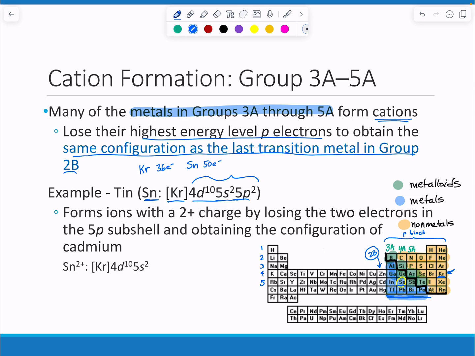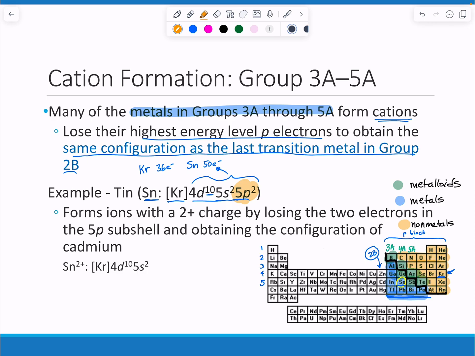So if we add these up, 36 plus these 4 gets us to 40, and these 10 here get us to 50. So this just shows the excess electrons beyond what krypton has. All right. So in this case, the highest energy electrons are going to be those in this 5p shell.